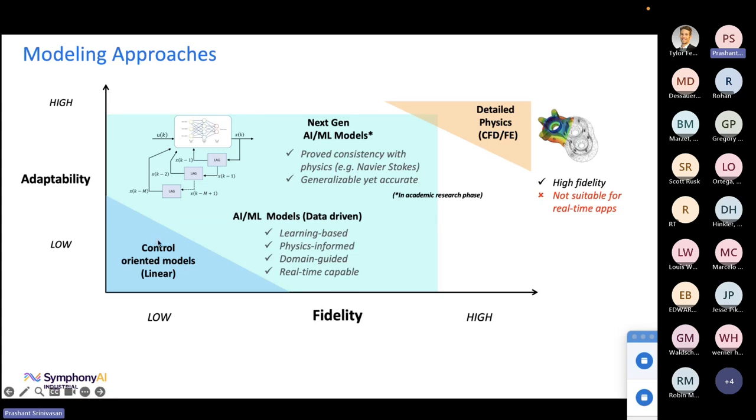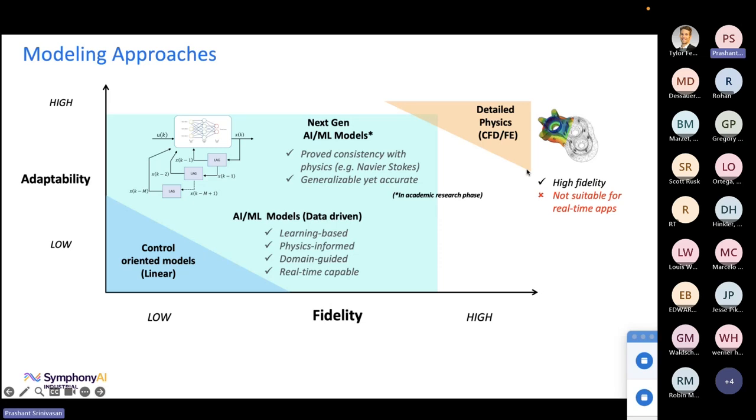So if you want to get a very good prediction with a linear model for such a complex process, it becomes challenging. On the other end, you have very detailed physics-based models like CFD or finite element models, which do capture the physics well, but they require a lot of effort to set up and calibrate. They're usually calibrated only for certain steady state operating points, and they're not suitable for real-time applications.